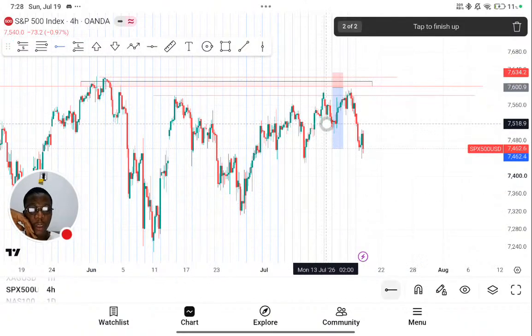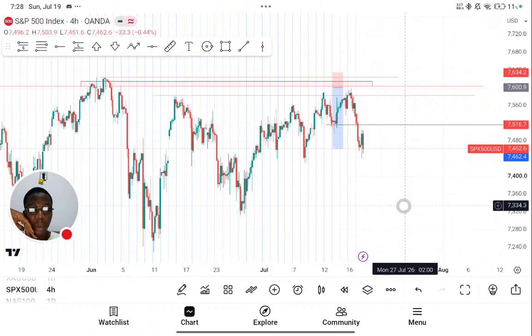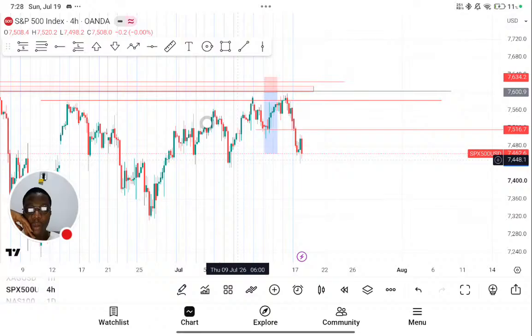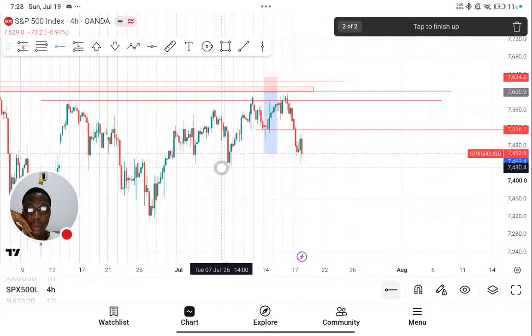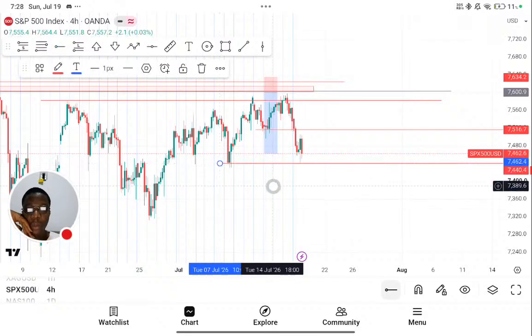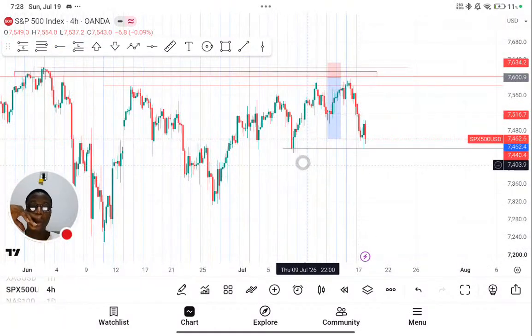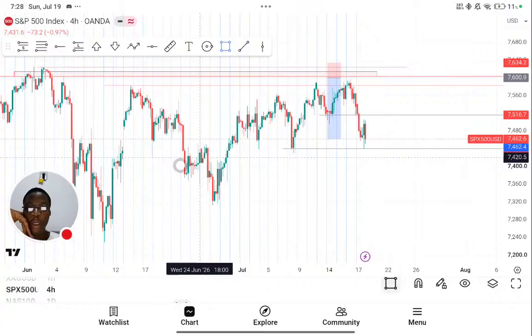This low has been taken out. Look at the major support.